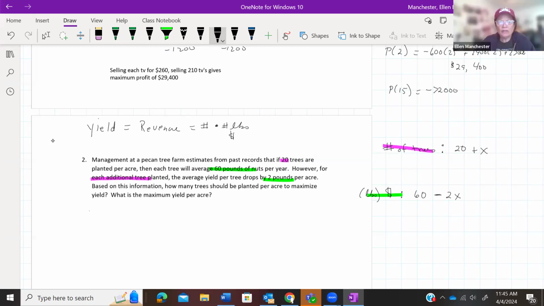All right, so our yield is the same as our revenue. So that is the number times the price. Let me do my dollar sign instead. Our yield is the number of trees times the price of the tree.